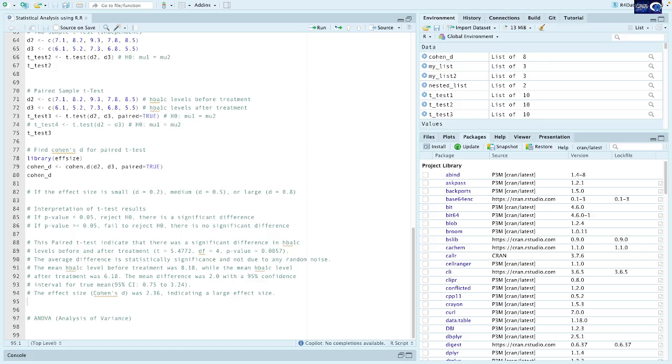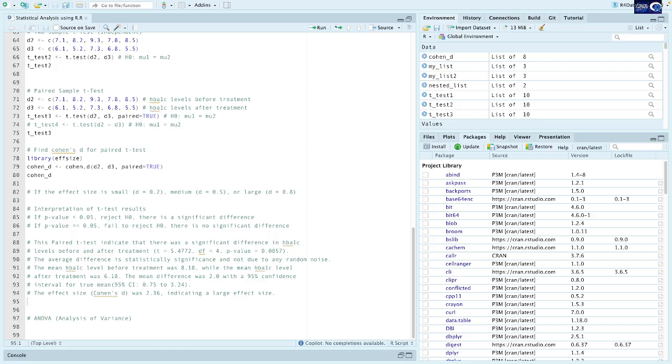Let's take some pass and fail results as well. If you look at this data, we will have gender and result.